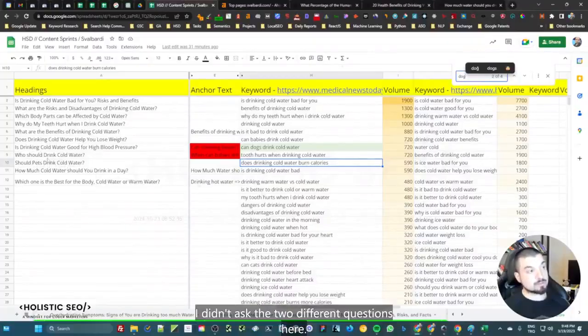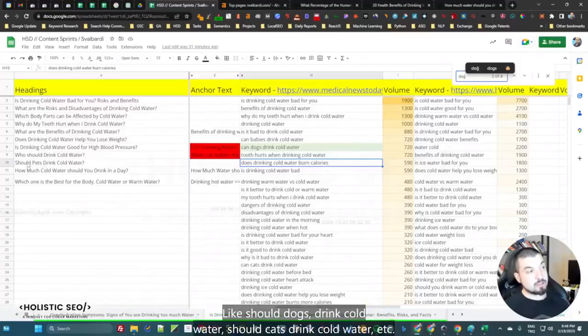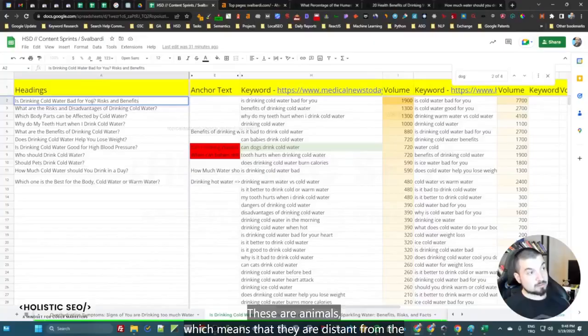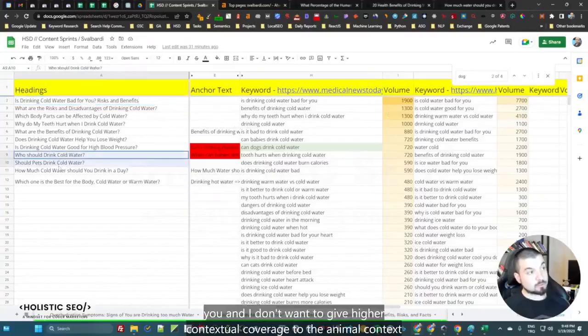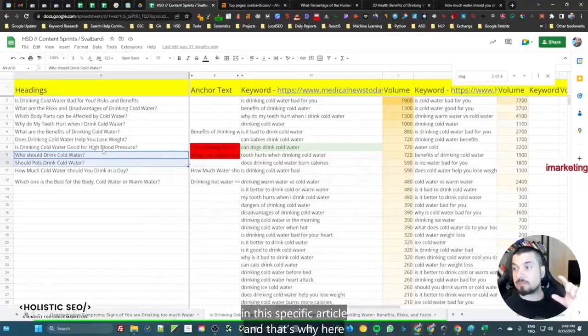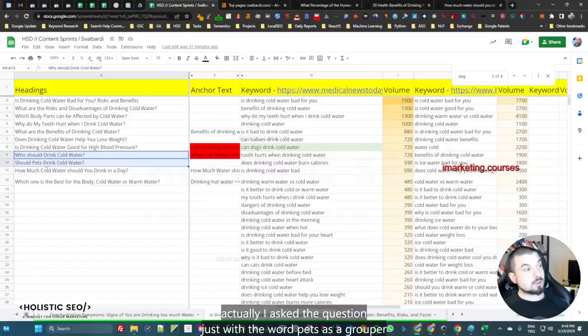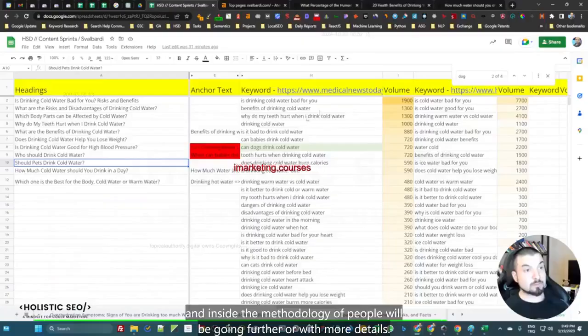I didn't ask 2 different questions here, like should dogs drink cold water, should cats drink cold water, etc. These are animals, which means that they are distant from you, and I don't want to give higher contextual coverage to the animal context in this specific article. That's why here I asked the question just with the word pets as a grouper, and inside the methodology we will be going further with more details.